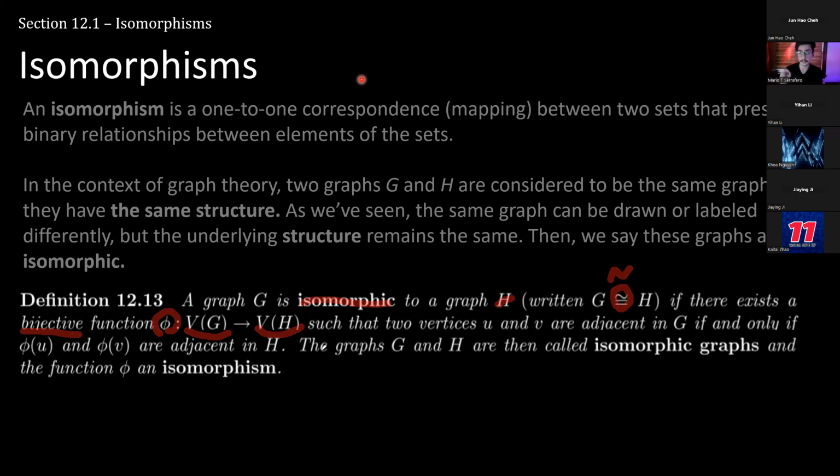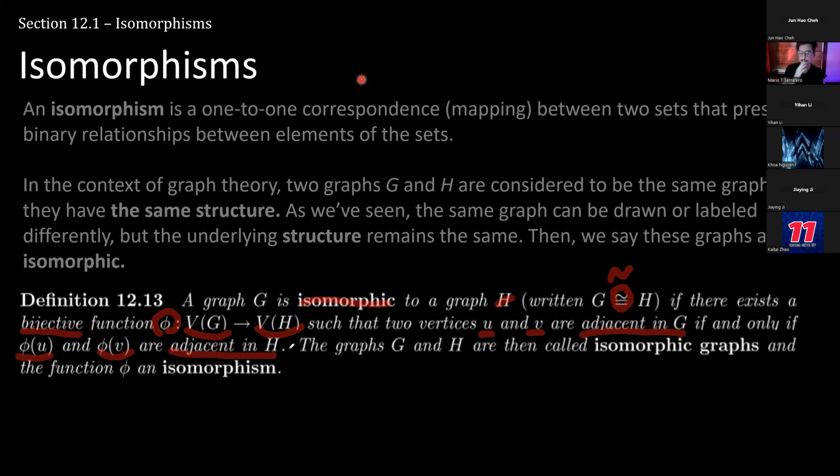A function is a correspondence, and this is a one-to-one bijective correspondence between vertices, such that 2 vertices U and V are adjacent in G if and only if, after applying phi to U and phi to V, they're still adjacent in the codomain. So the output graph maintains that adjacency structure.